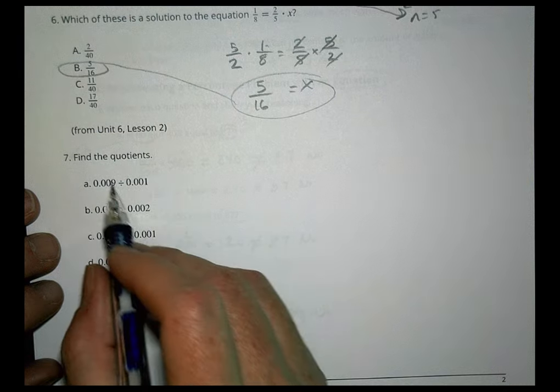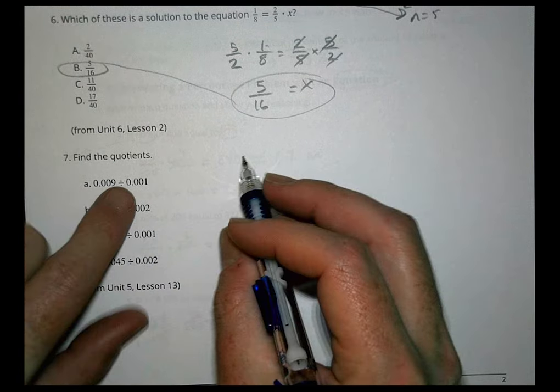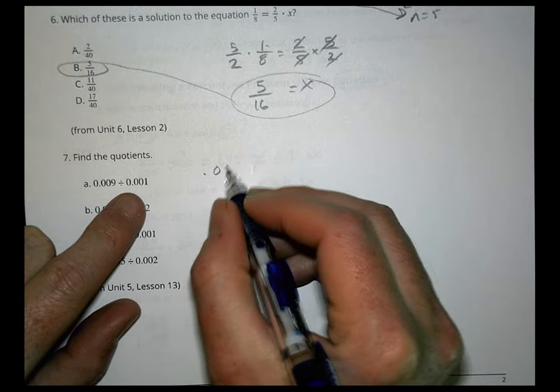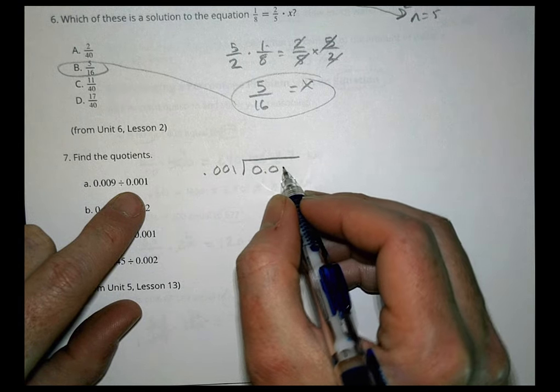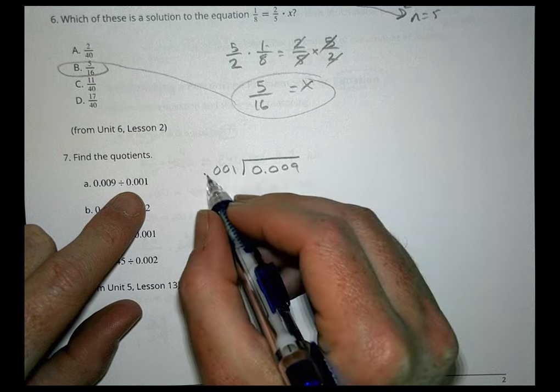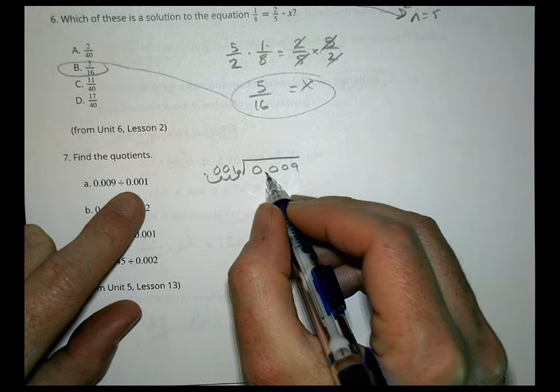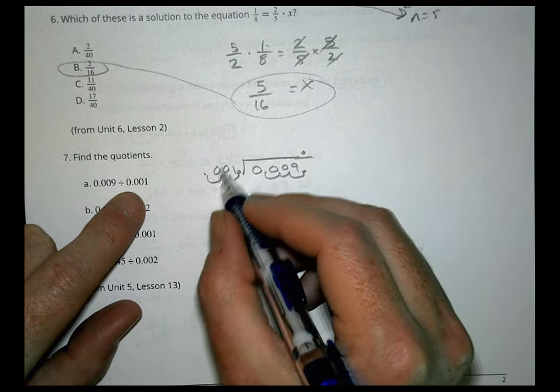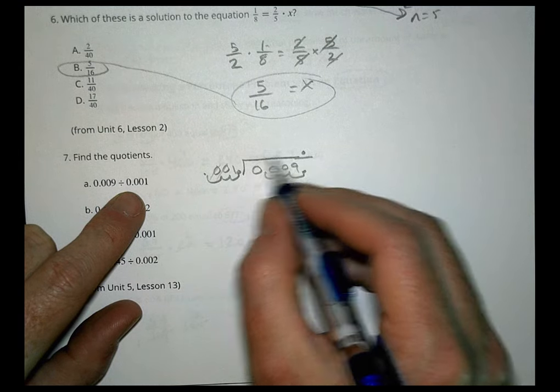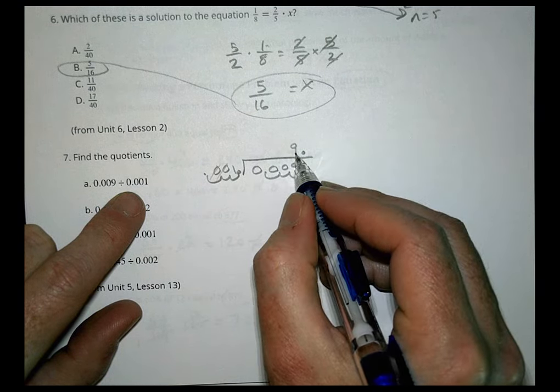Okay, find the quotients. These are just some quotients here, doing some math. So we have 0.009 divided by 0.001. I'm going to move the decimal over 3 spots, 1, 2, 3, and put it up right away. So I have 1, and over the zeros, 1 goes into 9 9 times.